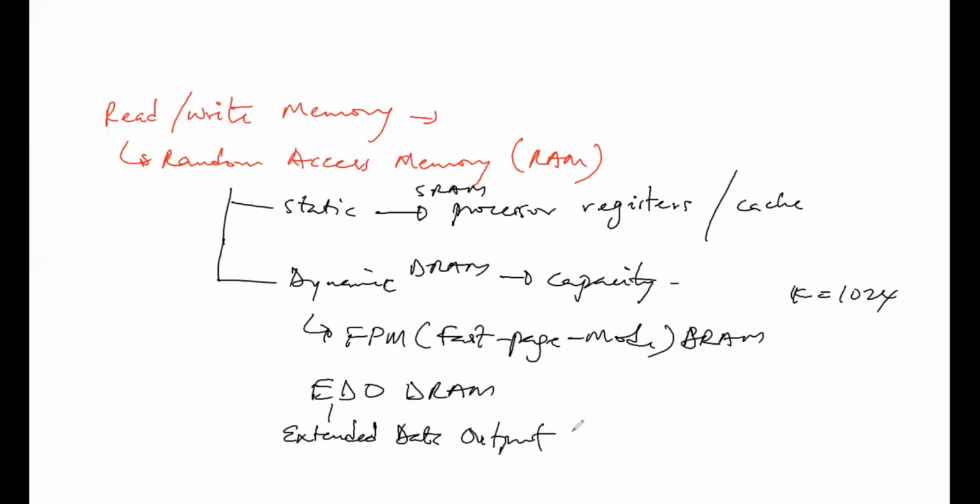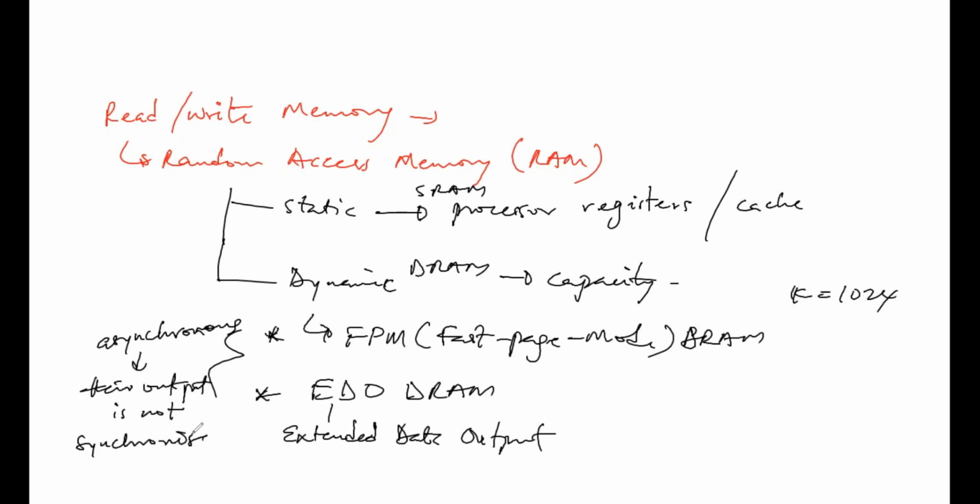In this case, it initiates the next request before the previous memory access is completed. So these two types, the fast page mode and the extended data output, are asynchronous, since their output is not synchronized to a clock.